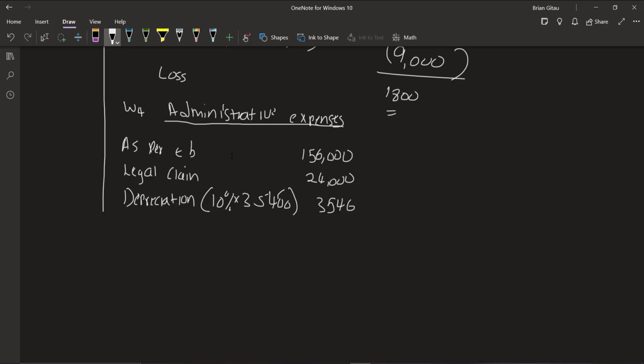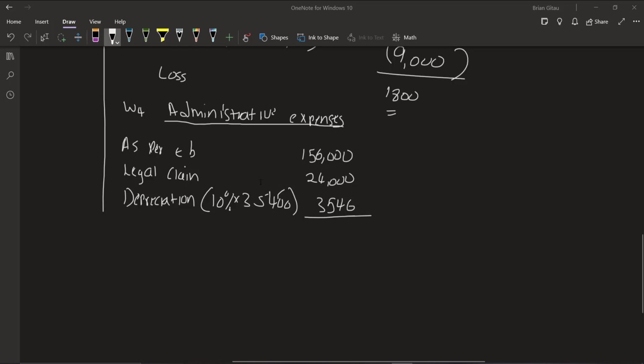So we go ahead and get the total administrative expenses, which is 156,000, the legal claim of 24,000, and also the depreciation.